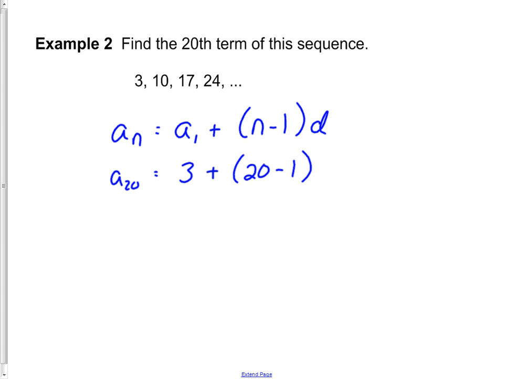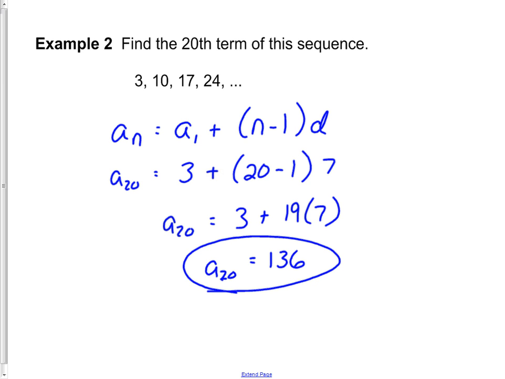What's the distance in between? That'd be 7. So a sub 20 is actually going to be 3 plus 19 times 7. If I take 19 times 7, that should be 133, and I'll go ahead and add the 3 on. So the 20th term of this sequence should be 136.